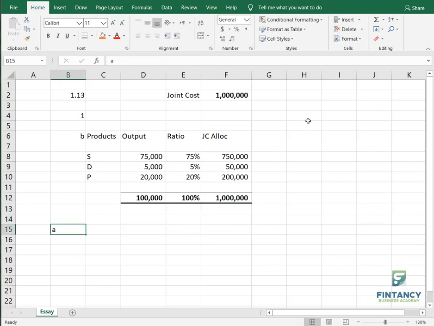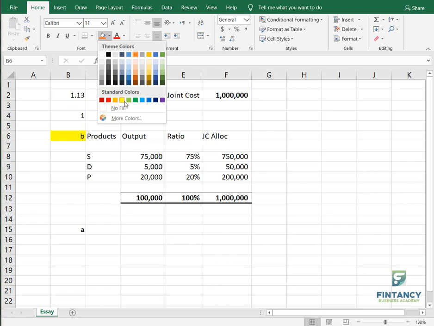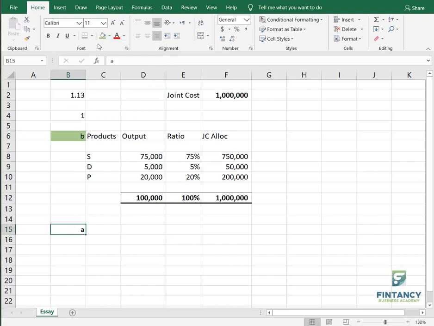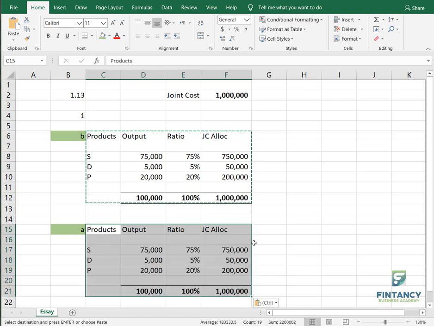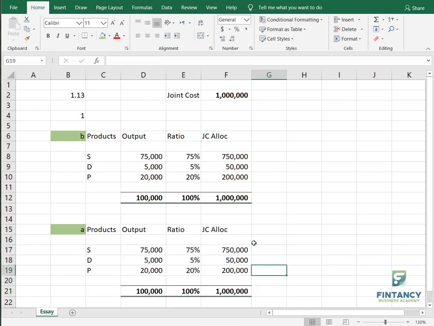Now I am doing option A. Okay, this was B. Now I am doing A. So what was A? Remember, A was sales value at split off point. I will just copy the same format below with one change. What is that change?